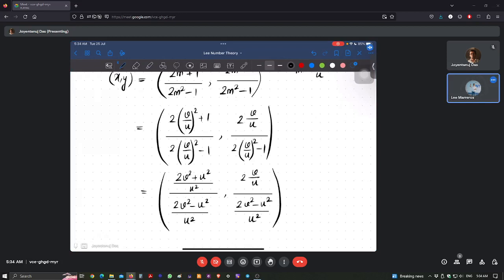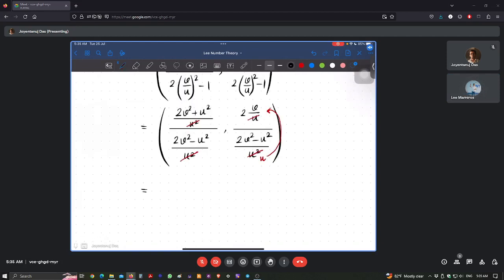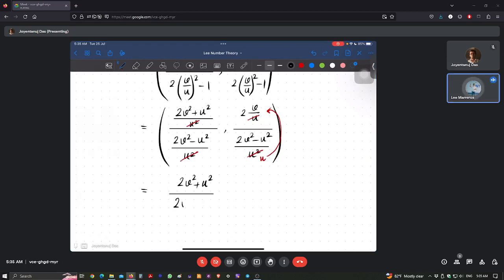Here actually you can cancel these two things, and we can also cancel u, and this u I can move up. So this will be 2v square plus u square over 2v square minus u square, equal to 2uv.